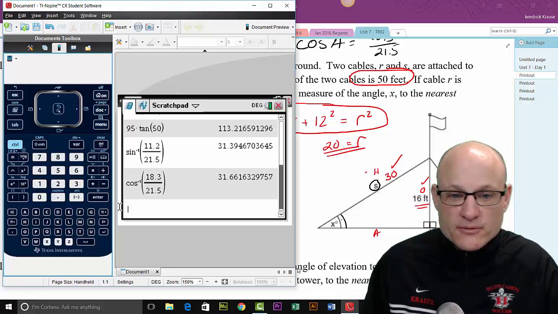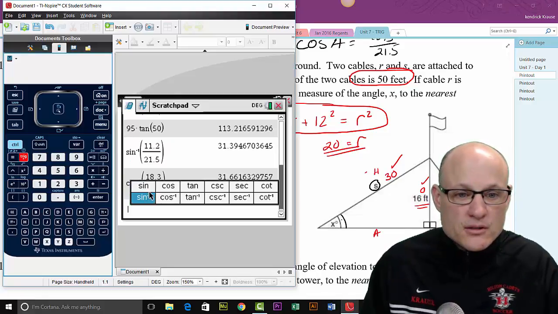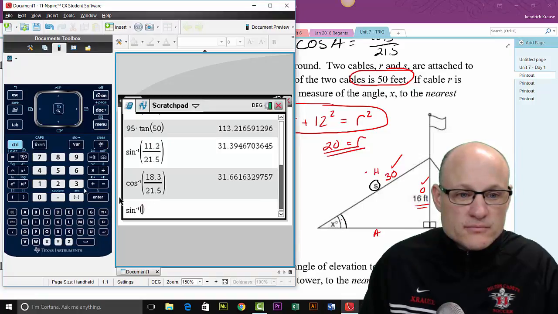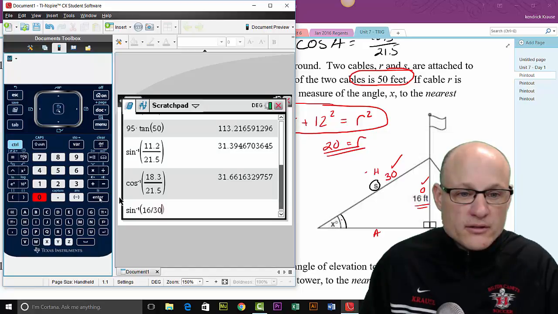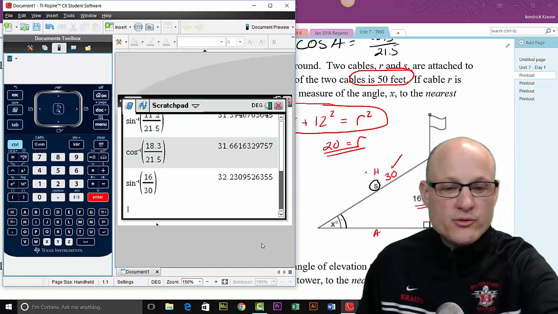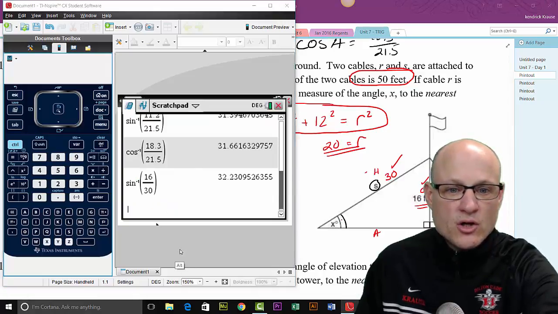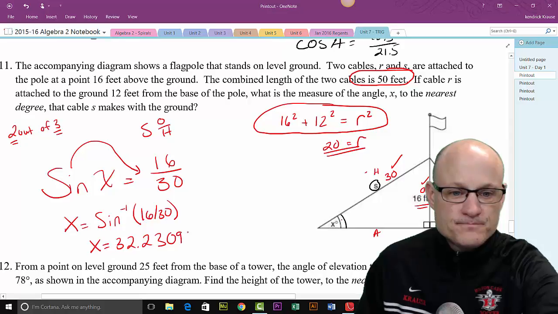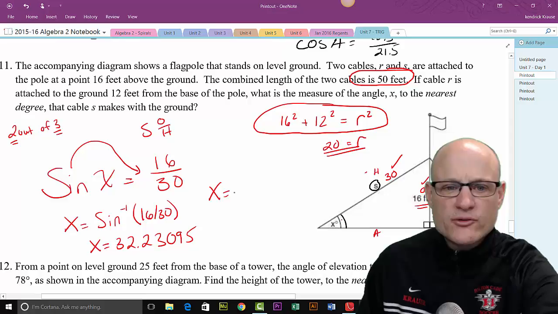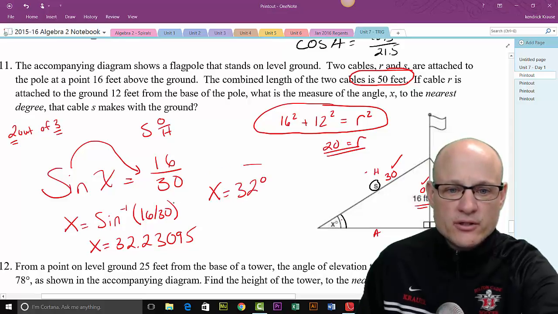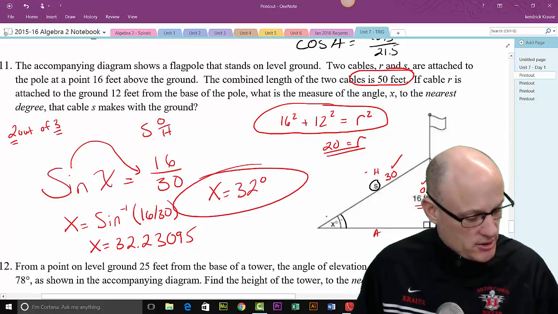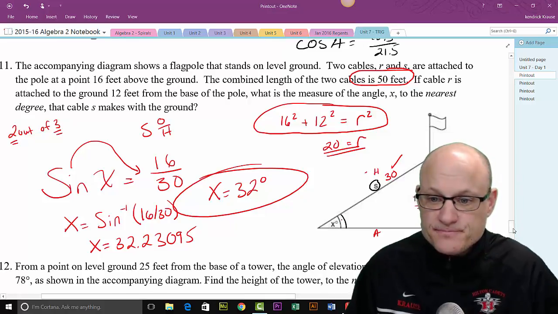Going to my calculator, I get 32.23095. So X rounded to the nearest degree is 32 degrees. Ka-ching! Done.